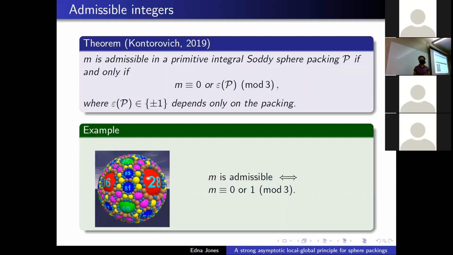Okay. So if I have an integer that is 2 mod 3, it cannot appear as a bend in this packing. That is the local obstruction.